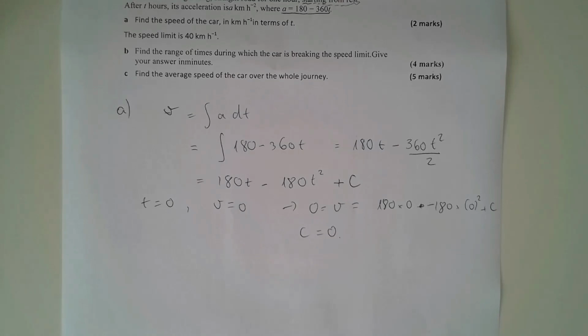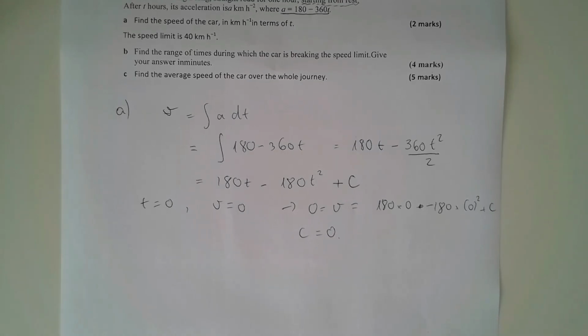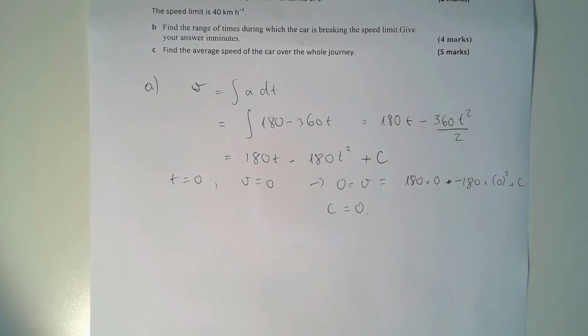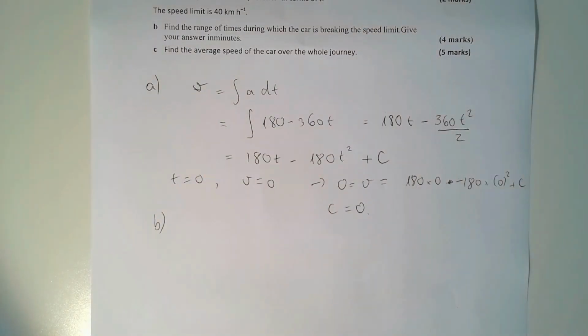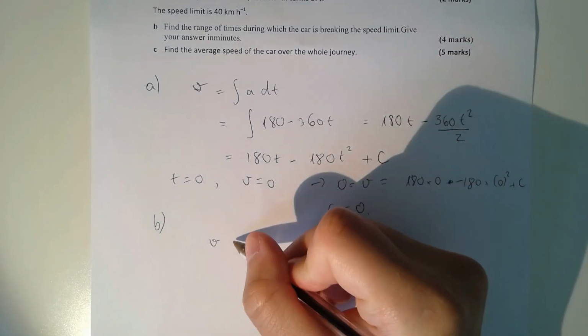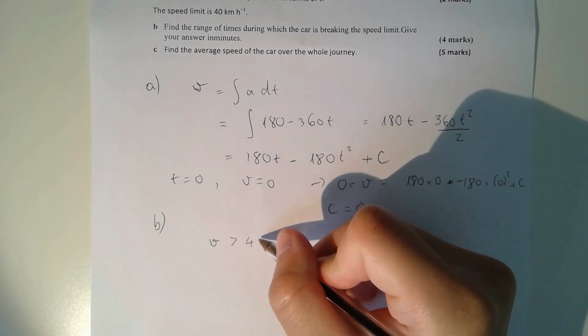Next one. Okay, part B. It says the speed limit is 40 km per hour. Now they say find the range of the times during which the car is breaking the speed limit. Alright, so we're going to start here. v has to be bigger than 40.